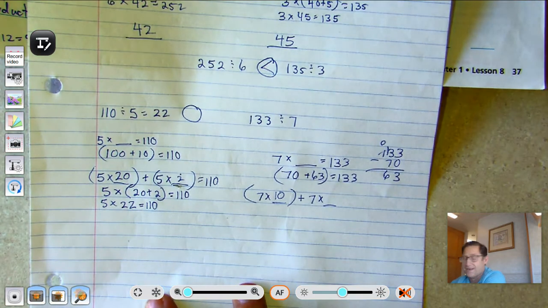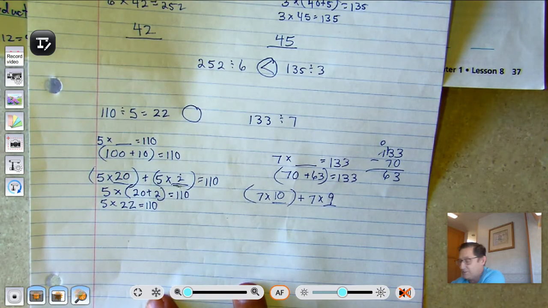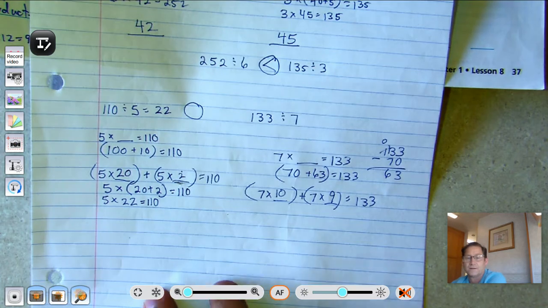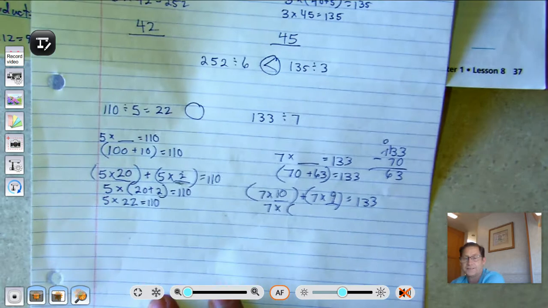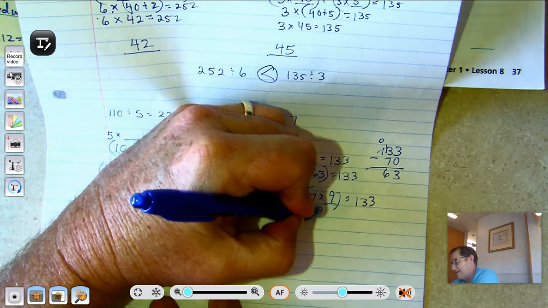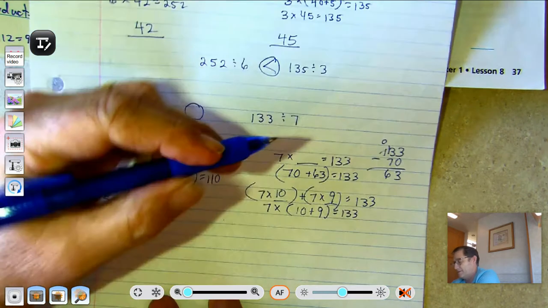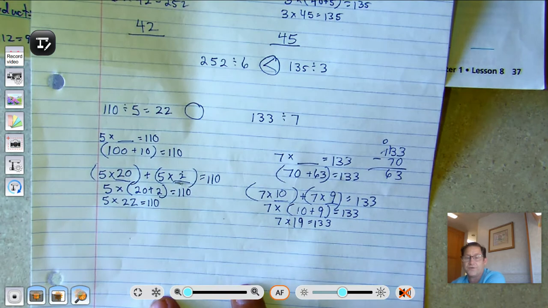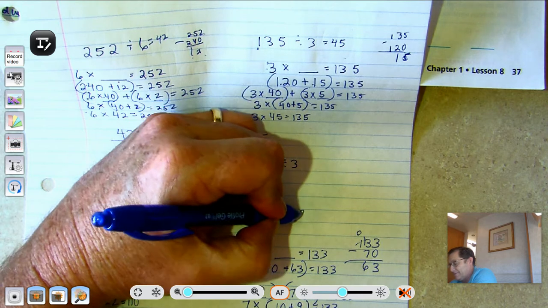Well, if 7 times 10 is 70, 7 times 9 is 7 less, which is 63. So we can rewrite that as 7 times the sum of 10 plus 9. So 7 times 19 equals 133. If 7 times 19 is 133, then 133 divided by 7 is 19.